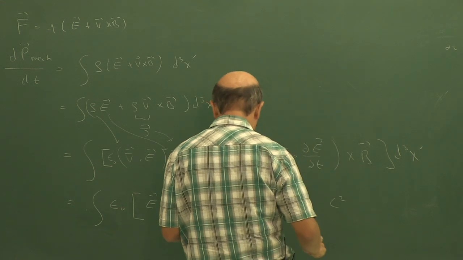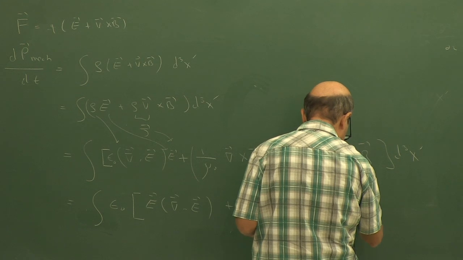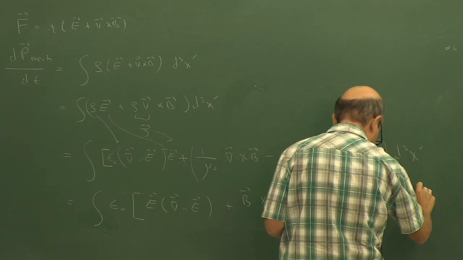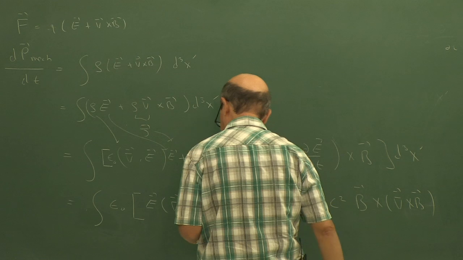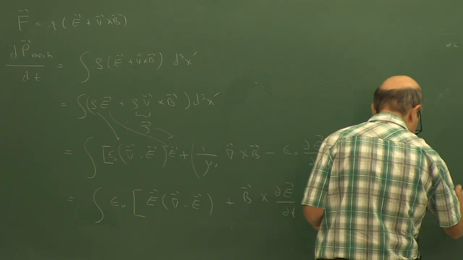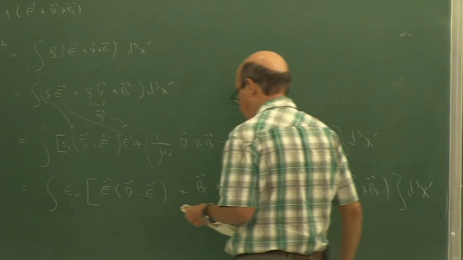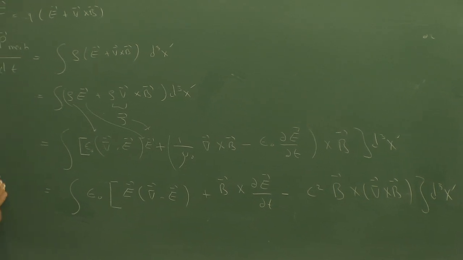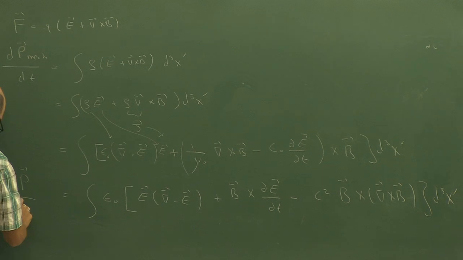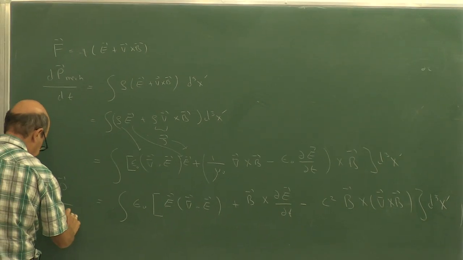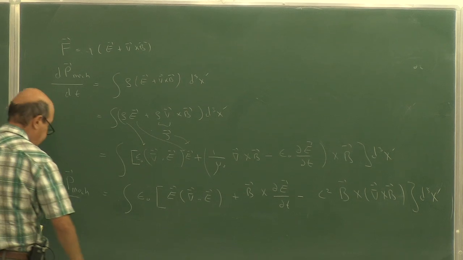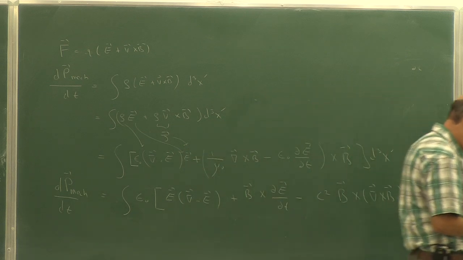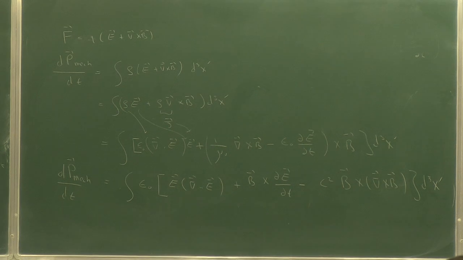If you change the order of the cross product, B cross curl of B, we will obtain, integrated through the volume, the rate of change of the mechanical linear momentum in time. So we will play with this equation. Let me play a little bit.